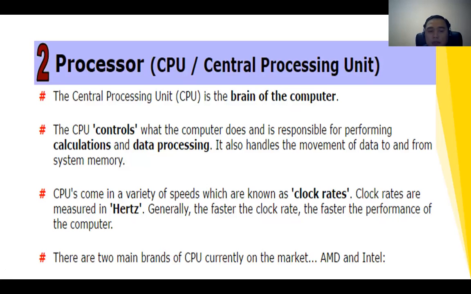CPUs come in a variety of speeds which are known as clock rates. Clock rates are measured in hertz. Generally, the faster the clock rate, the faster the performance of the computer. There are two main brands of CPU currently on the market, AMD and Intel.